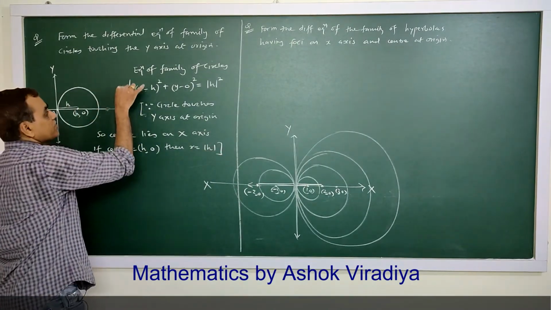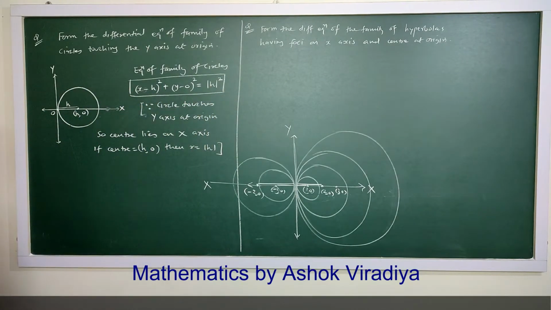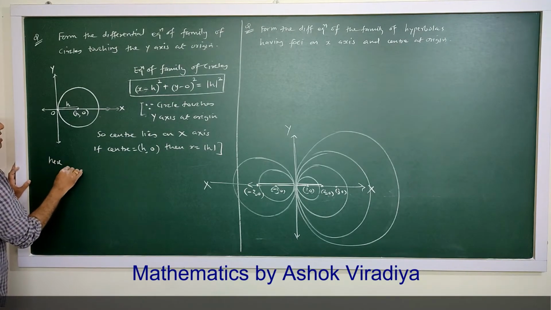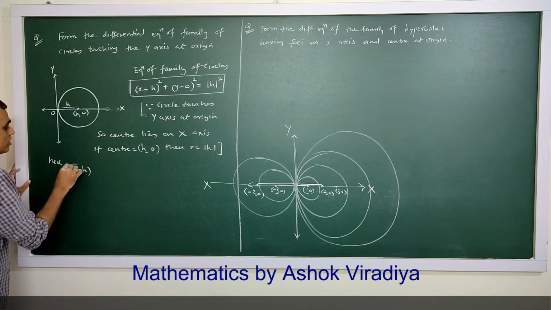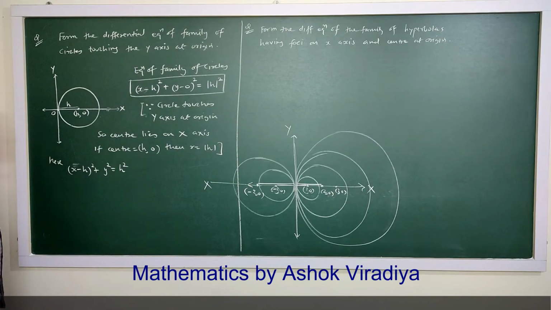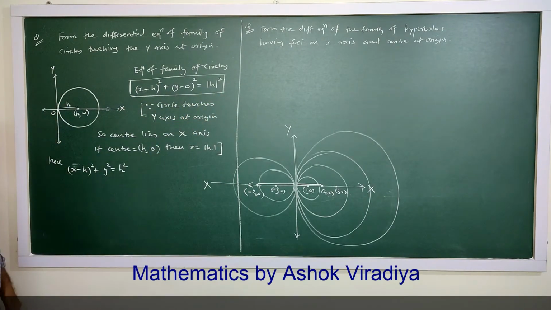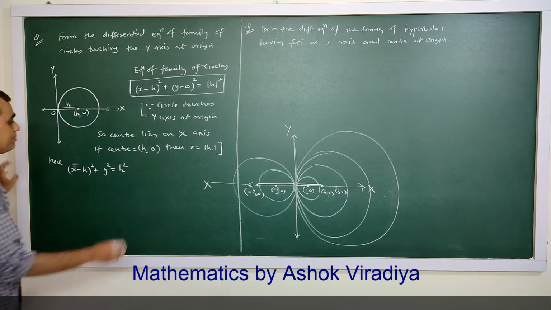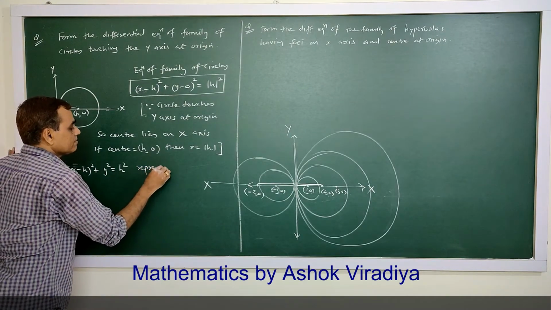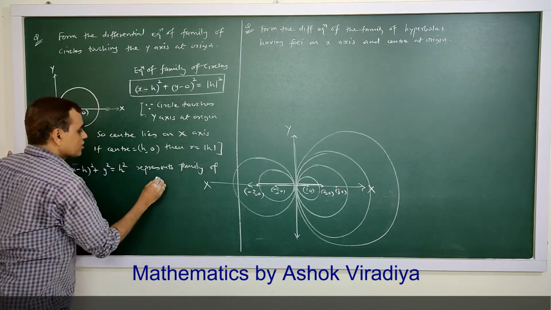So this equation represents the equation of family of circles. So x minus h whole square plus y square equal to h square, in simple form, represents a family of such circles.